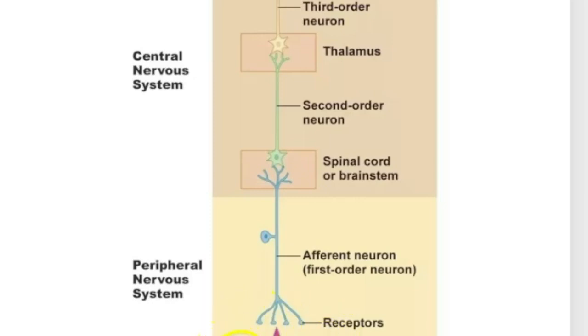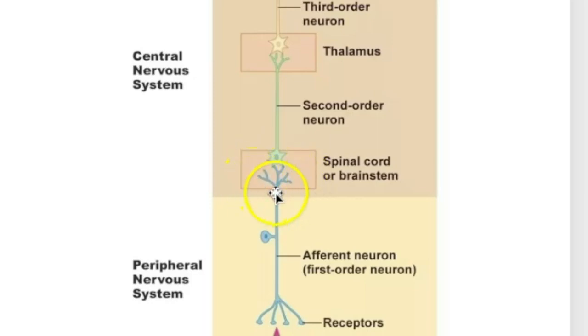Imagine, depending upon where the stimulus was applied out in the peripheral nervous system of the body, this axon that connects the receptor to the secondary neuron could be very, very long. Some axons are very long in these afferent or sensory neural pathways.